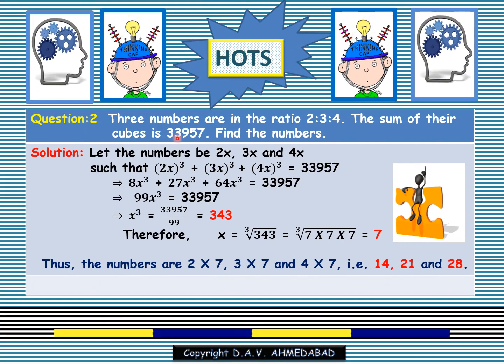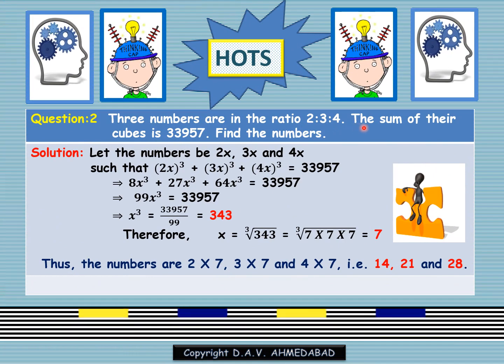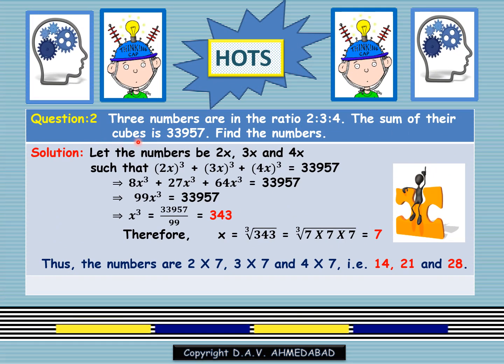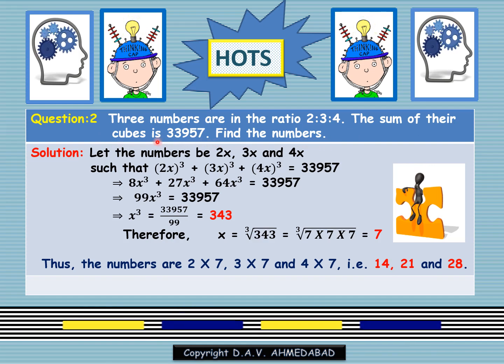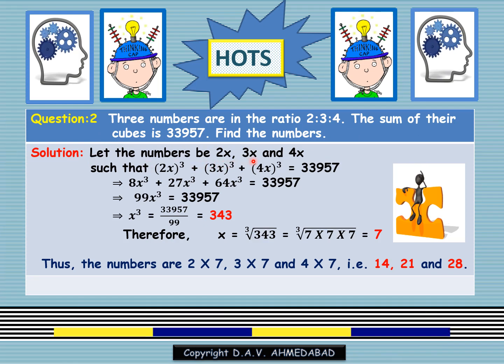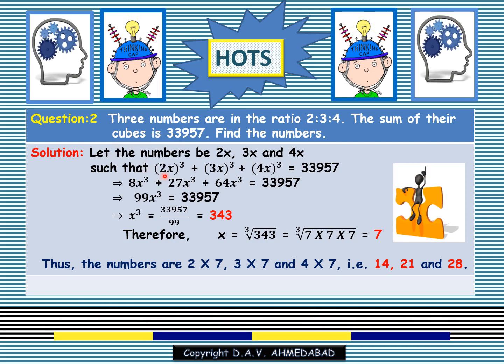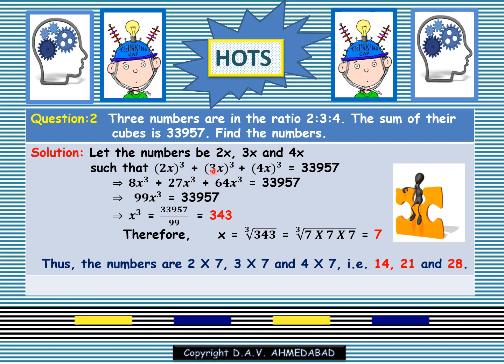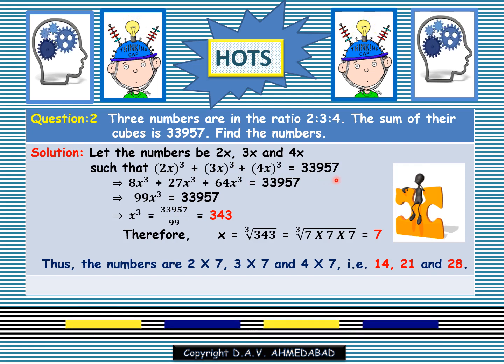Second question is, three numbers are in the ratio 2:3:4. The sum of their cubes is 33,957. Find the numbers. So let the numbers be 2x, 3x and 4x. Question is saying sum of their cubes means 2x whole cube plus 3x whole cube plus 4x whole cube is 33,957.